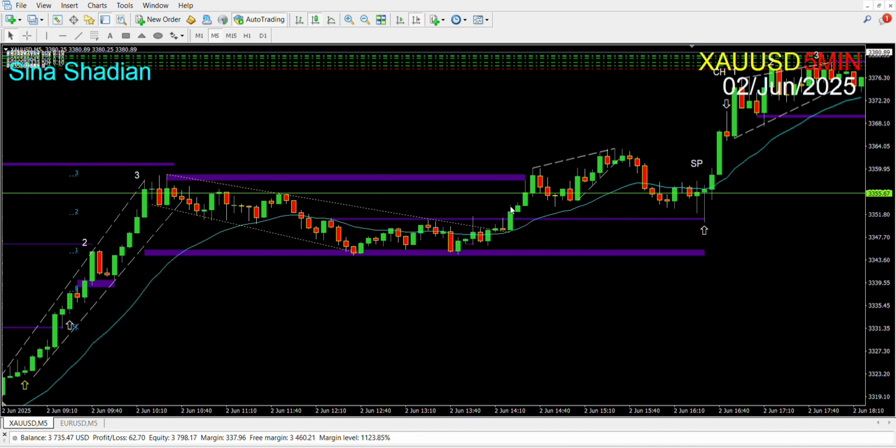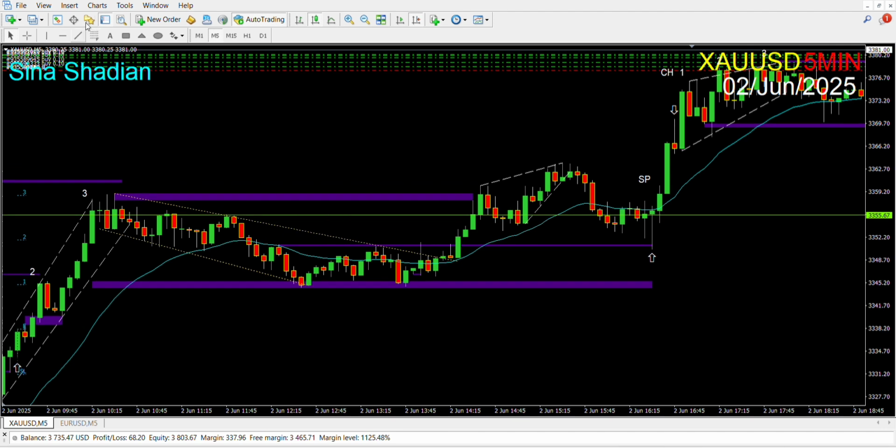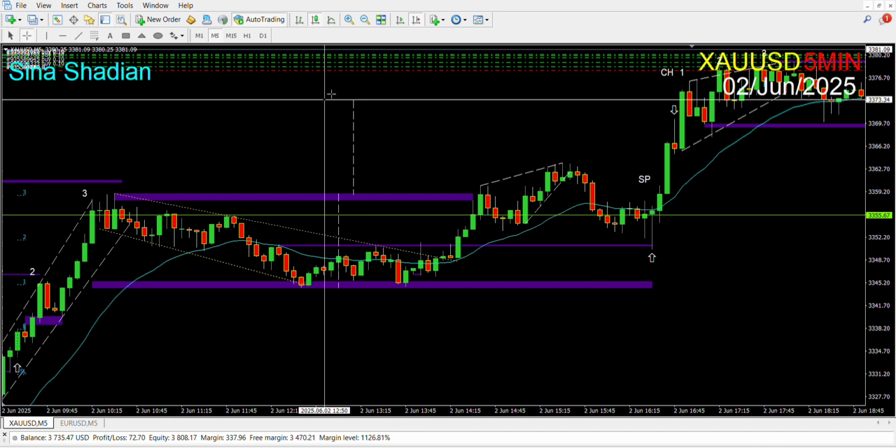And also this level here was once a strong resistance. So when the market comes down, a lot of people go and buy and create these beautiful candles. When it goes up, you only have to measure from the bottom to the top and then drag it up.